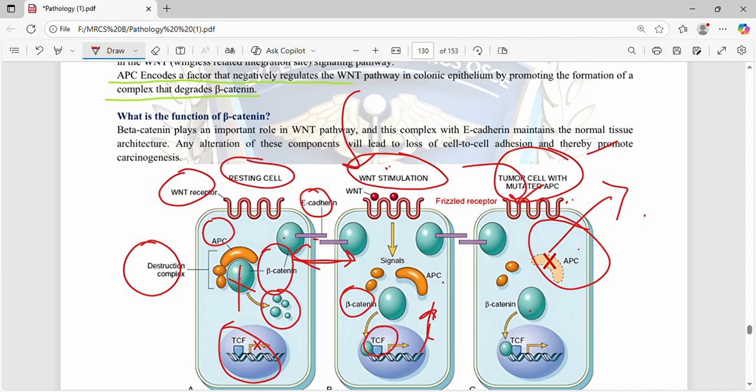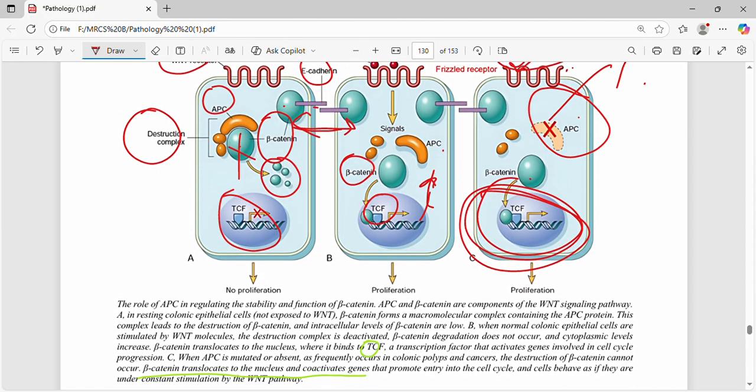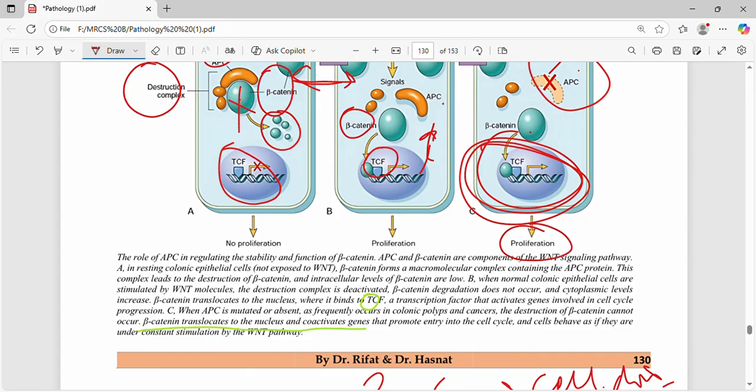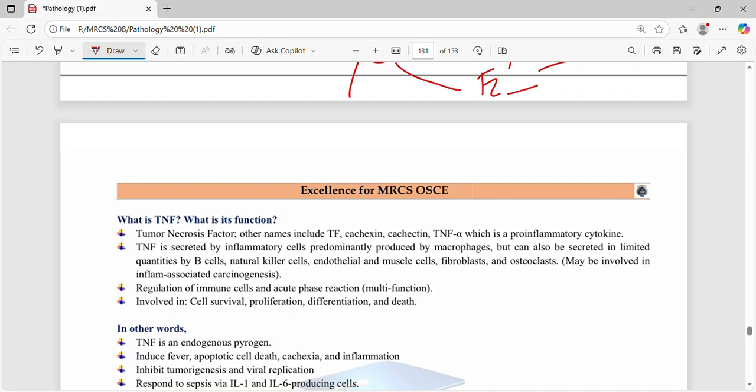There will be no check for it. So it will constantly stimulate the nucleus, and there will be proliferation. This proliferation is what we call a tumor. So this is the beta-catenin and APC.